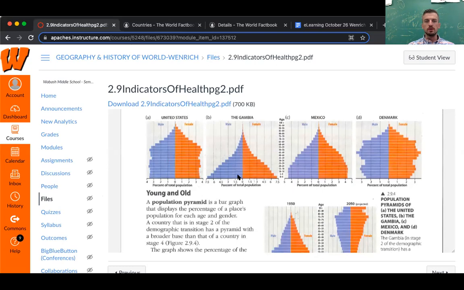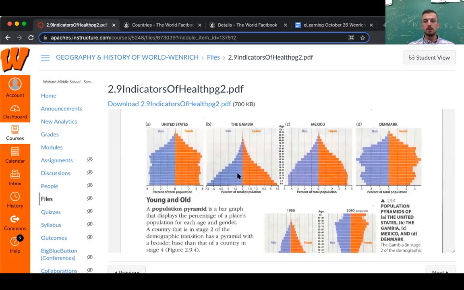Stage 2 of the demographic transition is reflected in a population pyramid that looks like this. If you look at the population pyramid of the Gambia, it's going to have a lot of young people. The average population is very young, and that presents some potential issues and some potential opportunities for this particular country.